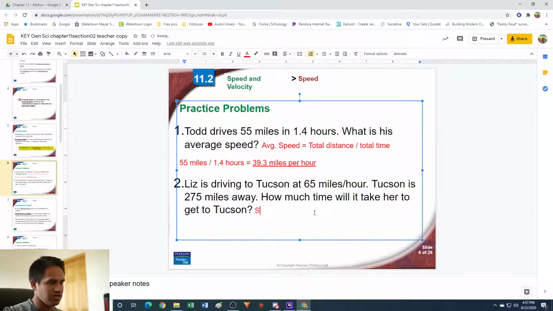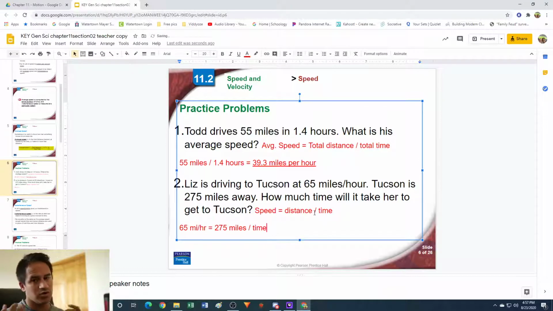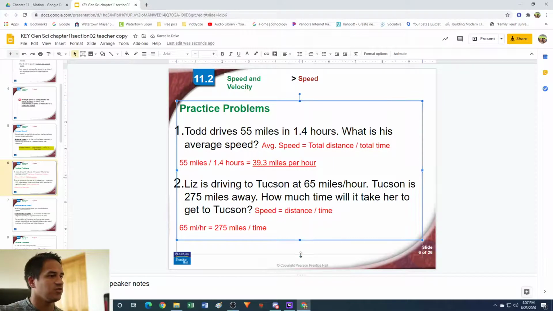Again, speed, whether it's average or instantaneous, is basically distance divided by time. They're giving us our speed in this case, so it's going to be 65 miles per hour, which is equal to distance, which we know is 275 miles, divided by time, which we don't know. That's what we're trying to solve for.